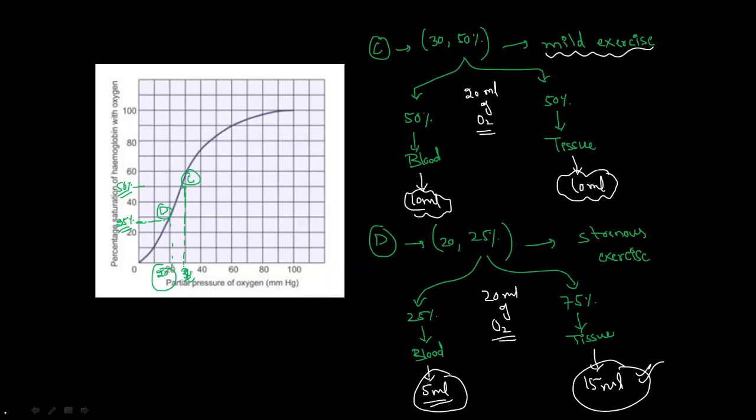So this is about 4 conditions when and how the partial pressure of oxygen changes in different situations, and along with this, the percent saturation of hemoglobin with oxygen will also change, right? So this is all about your partial pressure of oxygen and the oxygen dissociation curve.